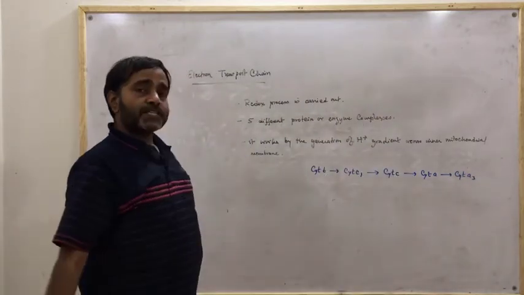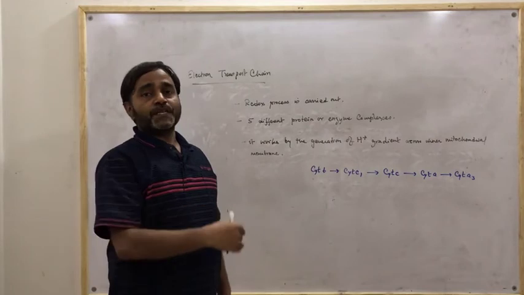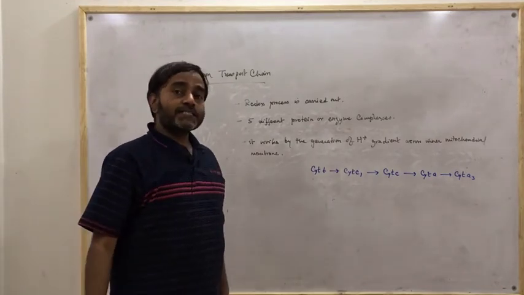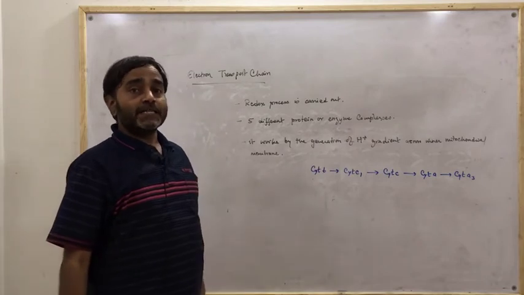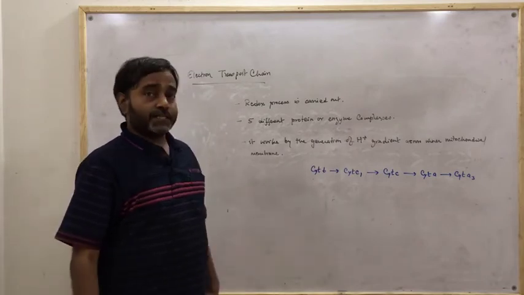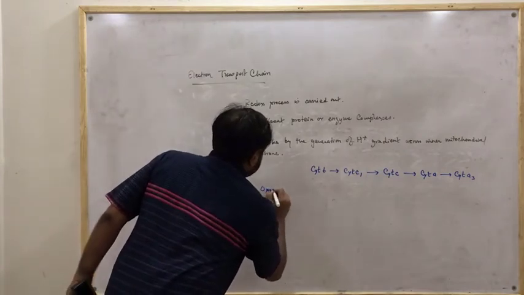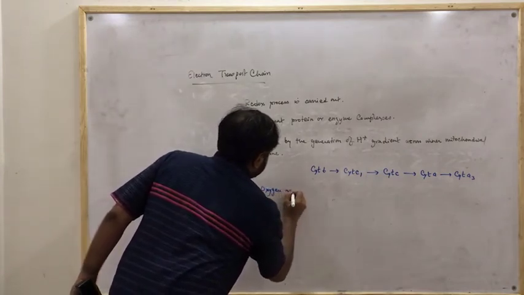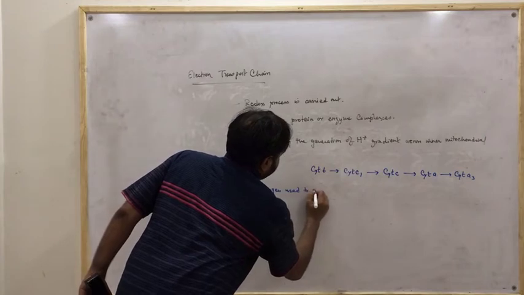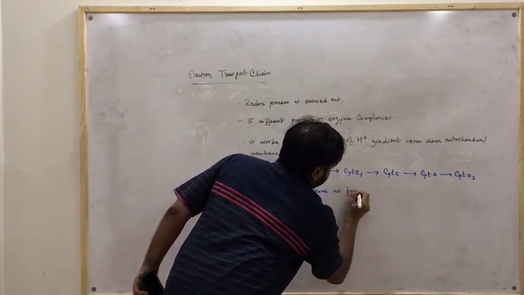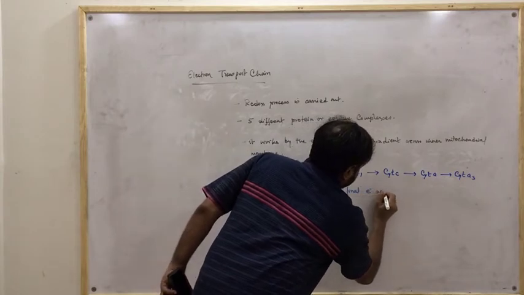So this is the specific sequence of cytochromes which is present in the electron transport chain and which serves as the acceptor of the electron. Finally, that is oxygen, and oxygen serves as the final electron acceptor.